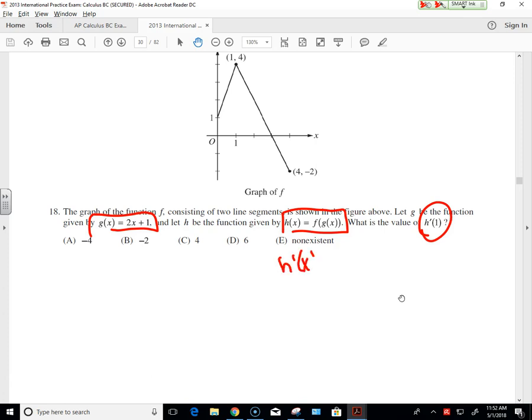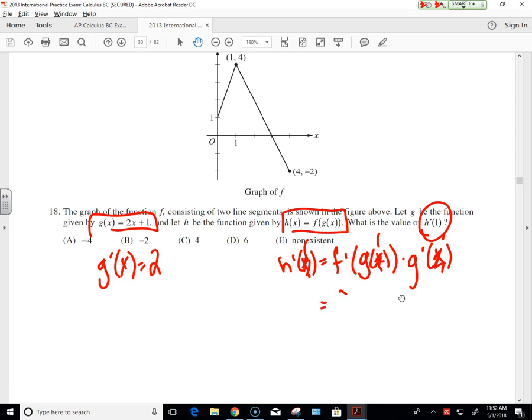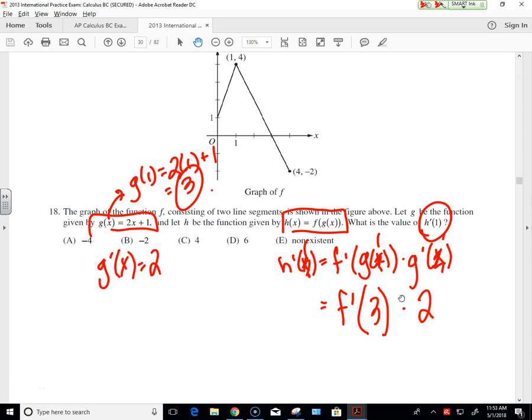H prime of x is going to equal f prime of g of x times g prime of x. So I'm saving time. Let's do a 1, and a 1. G prime, I see I'm going to need that. So g prime of x is going to equal 2. So as I come over here, I'm going to have f prime of g of 1, which is going to equal 3. So I need f prime of 3 times g prime of 1, which would be 2, right?